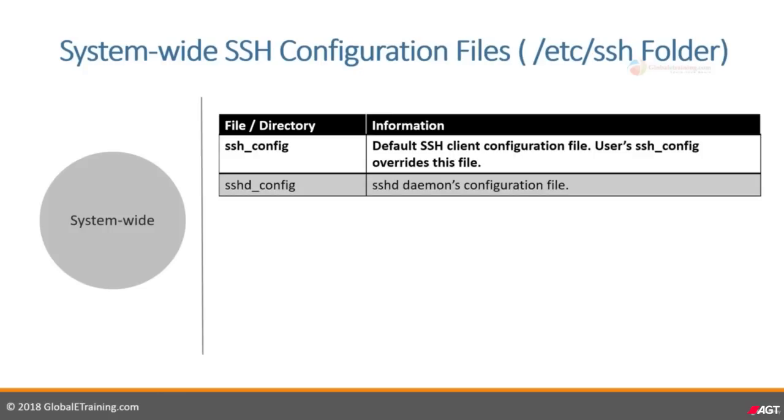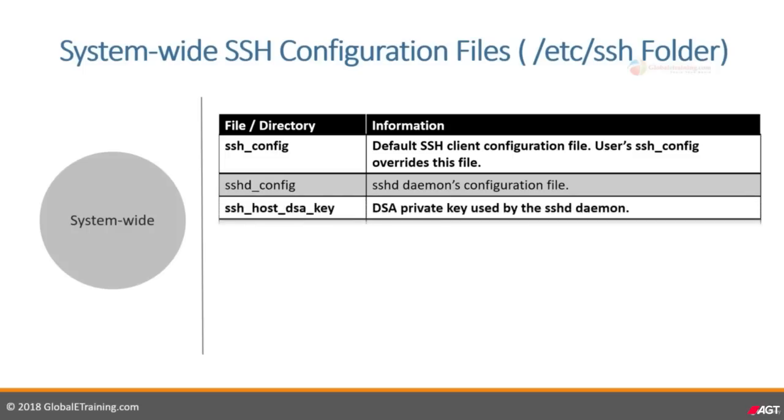If a user has his or her own configuration file located in his home directory, that would override this system-wide configuration file. The next one, sshd_config, is the configuration file of the SSH daemon.